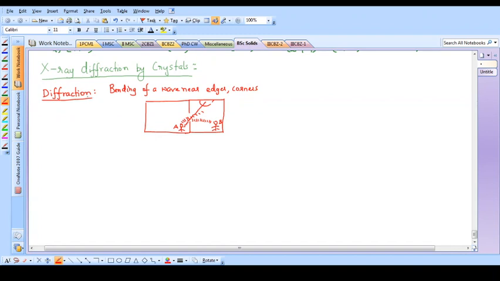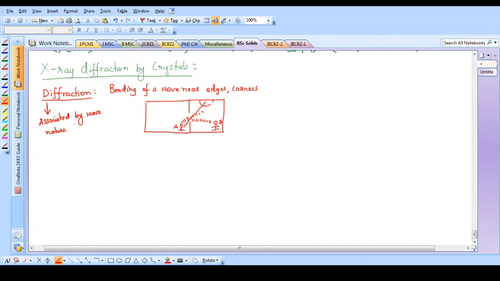Light is a wave, sound is also a wave. So why has sound undergone diffraction, that is bending, whereas light has not? Because diffraction is a phenomenon that is associated with wave nature. It is a phenomenon which could be explained only by wave nature.